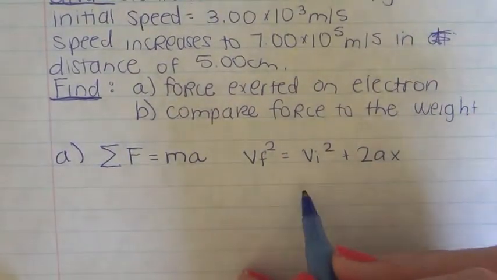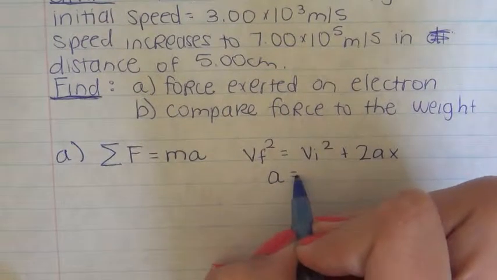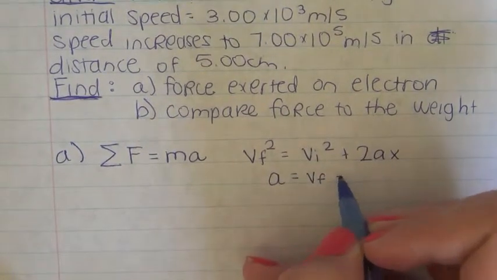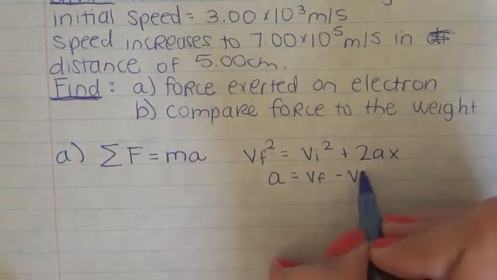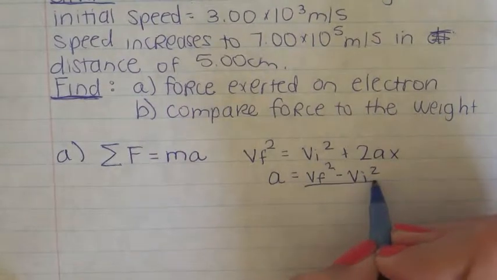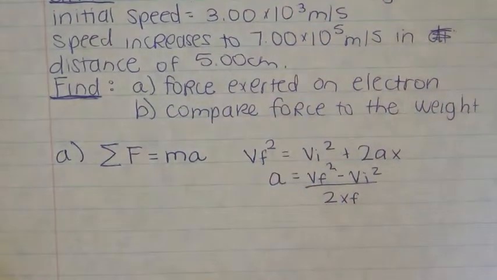And then this formula converts into a equals v final squared minus v initial squared over 2x. So we just take this formula and we change it to solve for a.